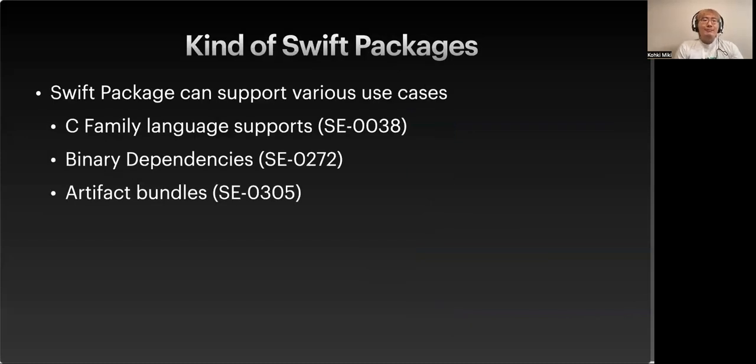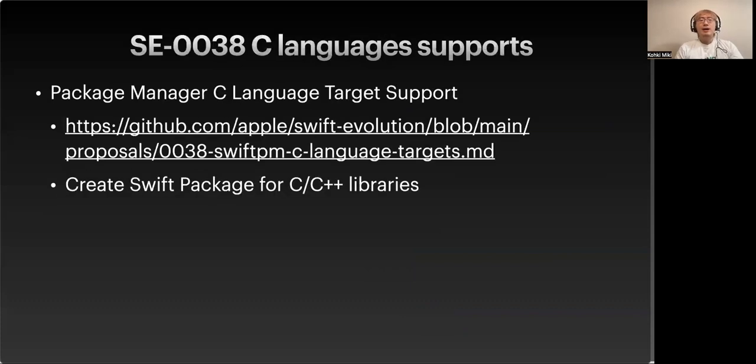Since the unveiling of Swift packages in 2019, they can now support most use cases. Using them, we started to migrate existing dependencies into Swift packages. First, supporting packages written in C family languages.